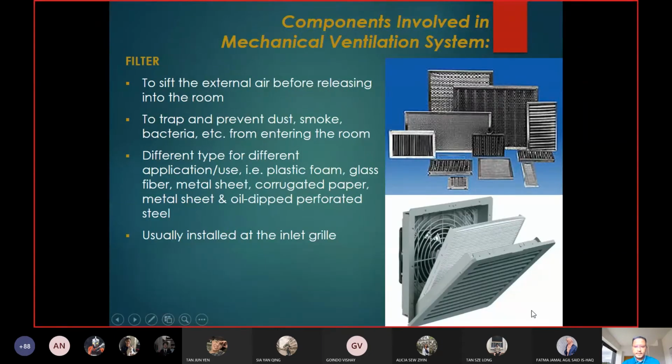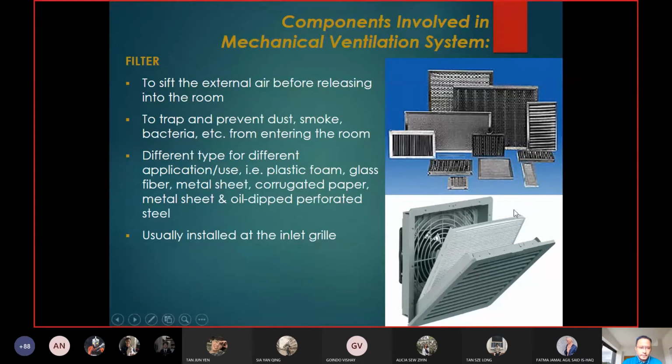Okay, another component is the filter. Depending on what kind of fan you use, if you look at an exhaust fan that you normally find in your house, maybe there's no filter at all. Just the fan, and that's it.